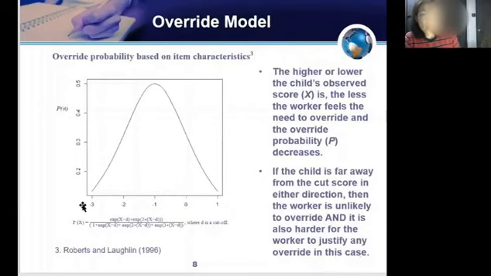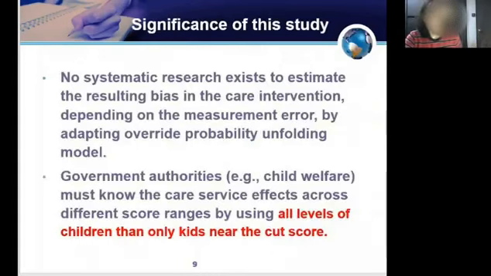Really good kid, really bad kid. Since this is a probability, it's not impossible to override those kids. It still happens based on this little probability. This is a probability. So I'm just talking about probability.